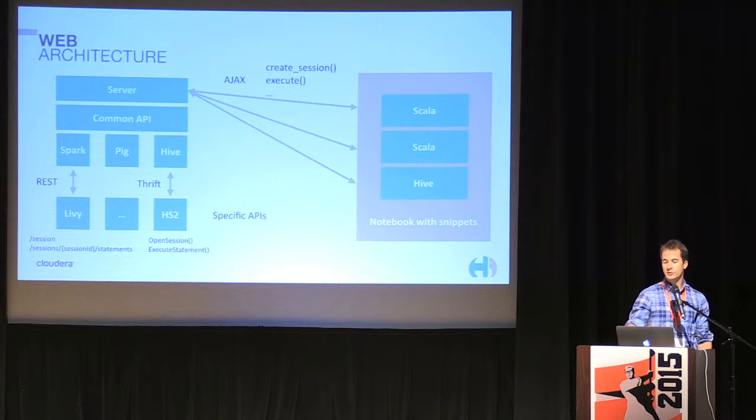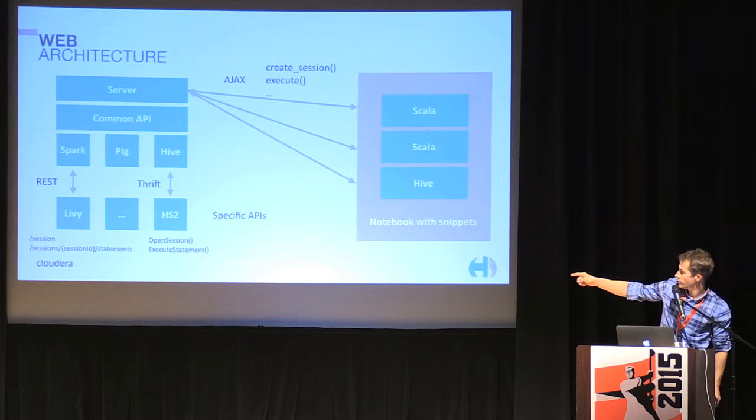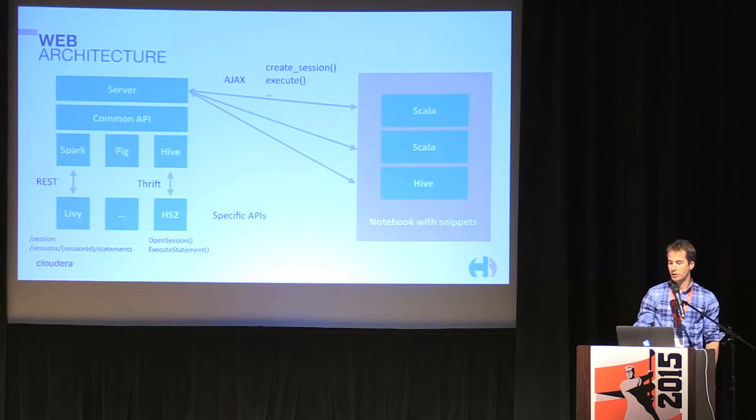If I execute a snippet, it is going to call execute, and then call the session to post a statement. And if I have another snippet, like a Hive snippet, it will call the exact same API, but underlying, Hue, the web app, will call the HiveServer2 API. So there's no need to have different code paths. Now we have only the specific API on the side.